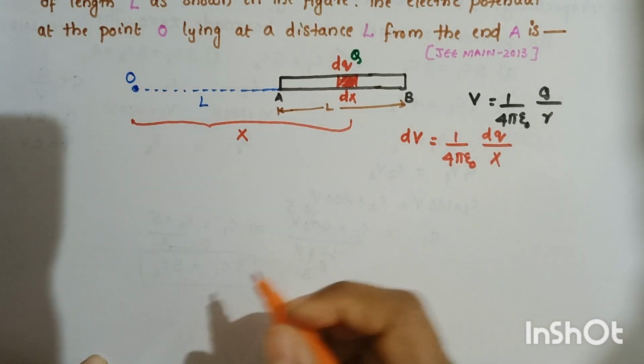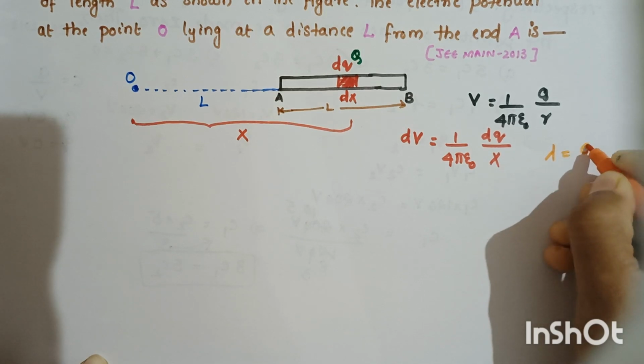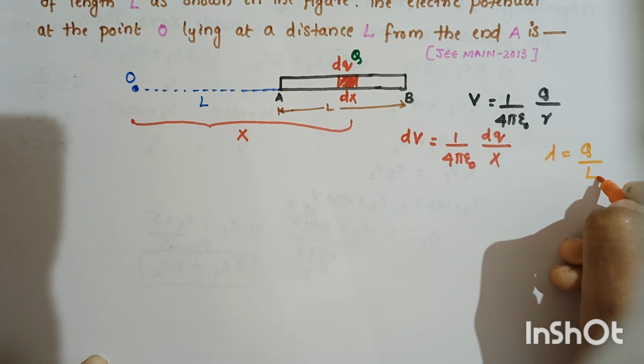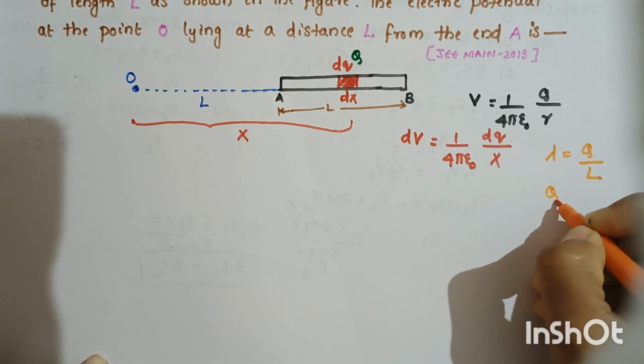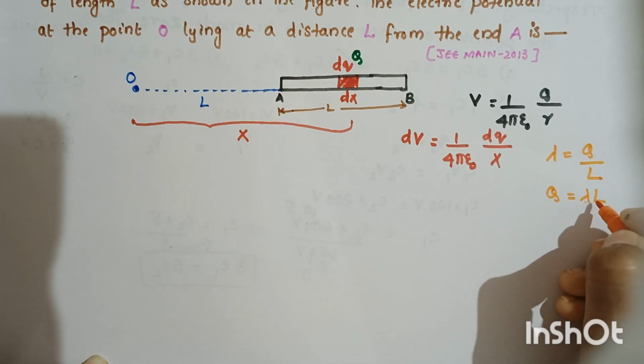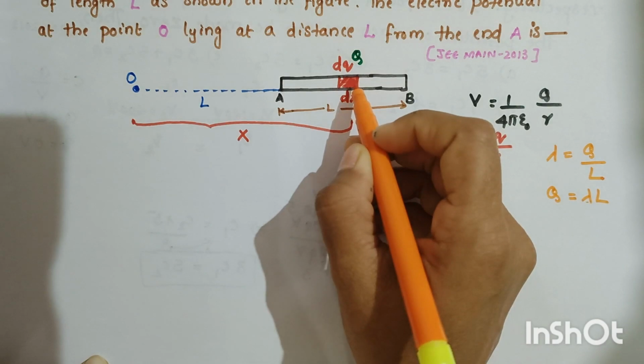We have this expression for the linear charge density lambda: lambda equals charge per unit length. So we can write the total charge Q as the linear charge density lambda into length L. We are applying this equation to the small part.